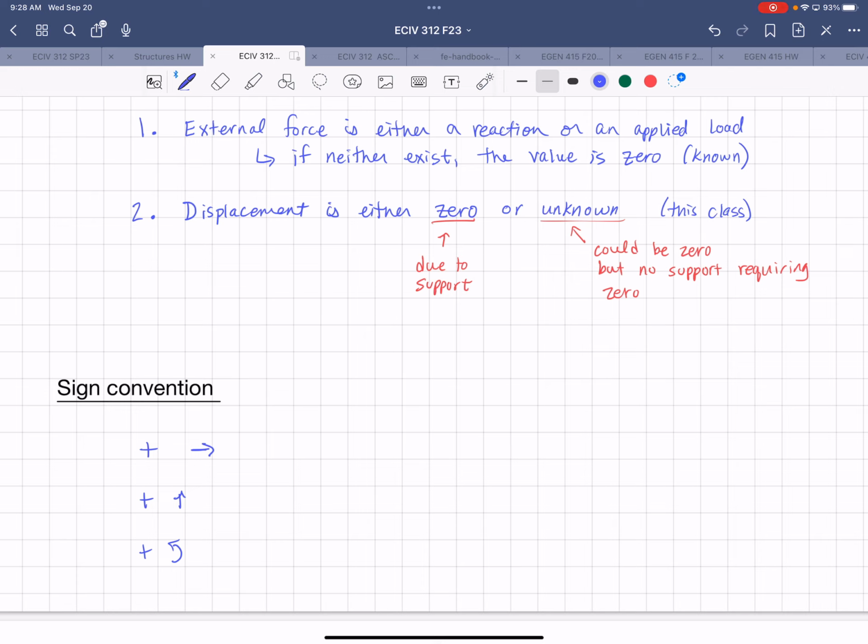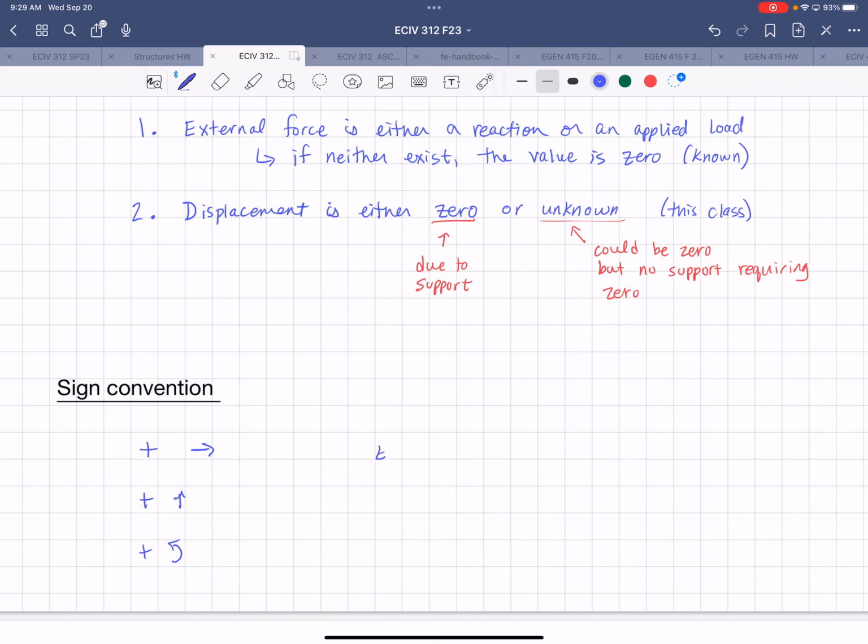These are technically global directions. When we get into trusses that have different orientations, it'll be a little bit more specific. We'll always have to think about positive in the axial direction from the lower numbered node to the higher numbered node and things like that. But generally speaking, here's your global sign convention.